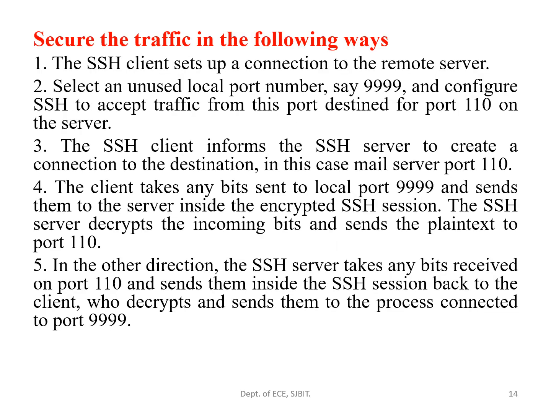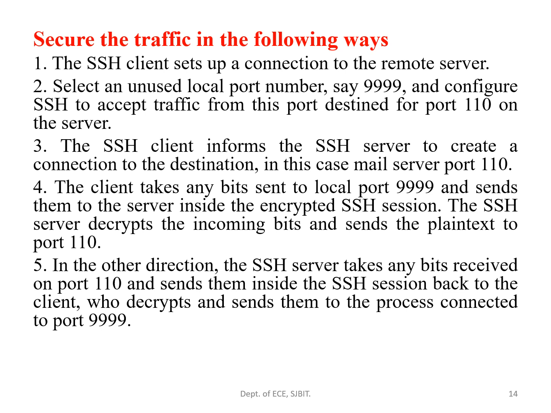To secure the traffic, first the SSH client sets up a connection to the remote server. Second, select an unused local port number, say 9999, and configure secure shell to accept the traffic from this port and forward it to port 110 on the server.